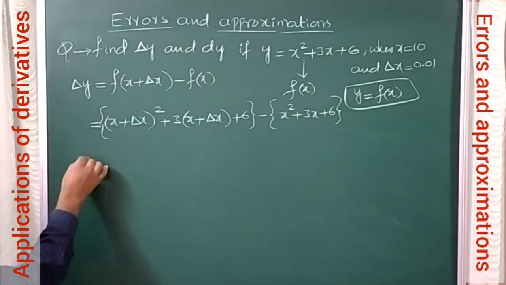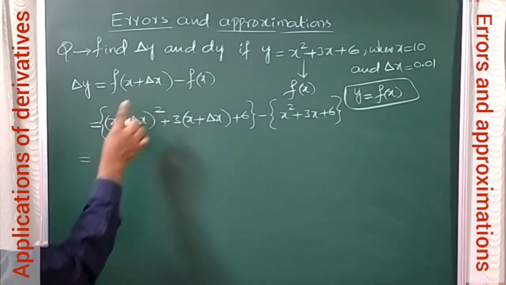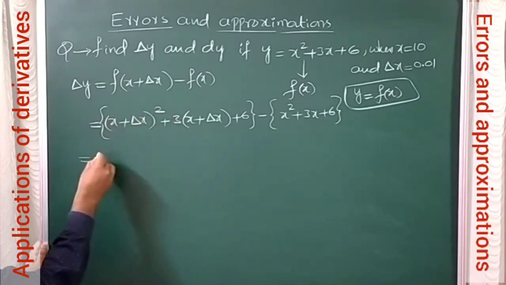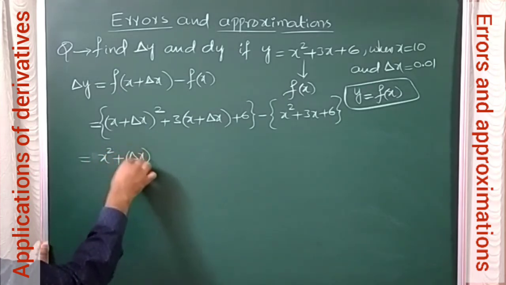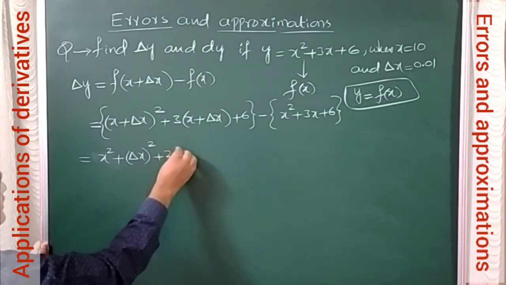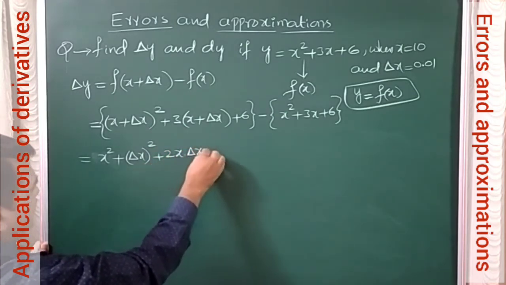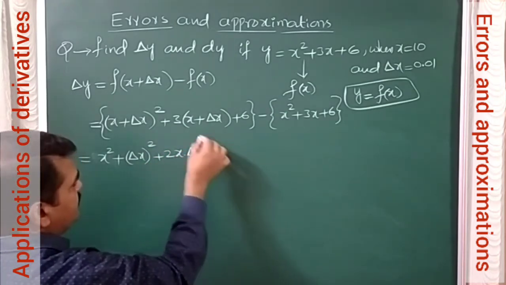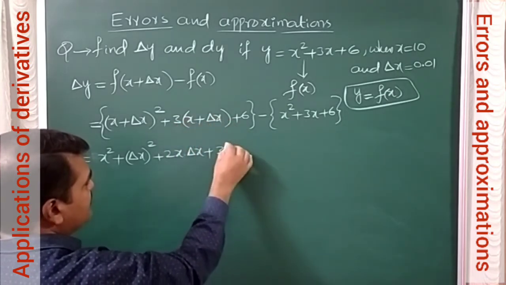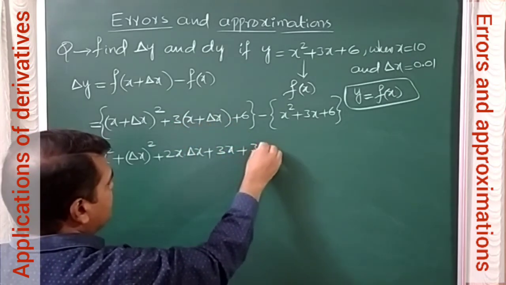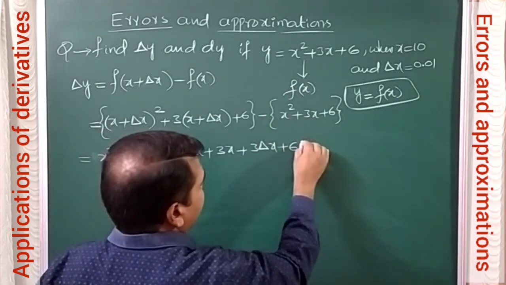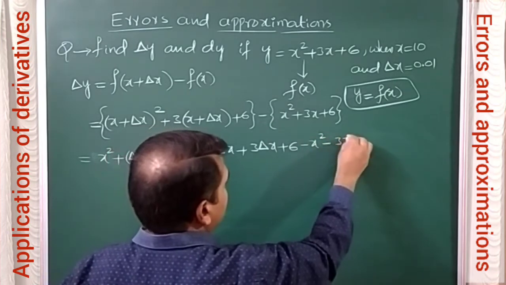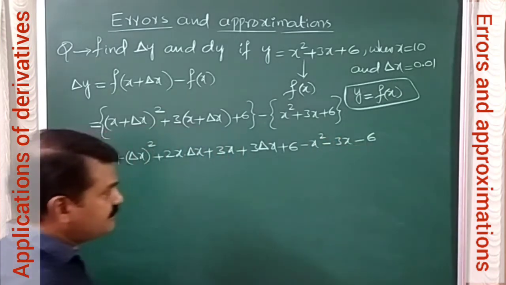Now simplifying this, (x plus delta x) whole square is like the (a plus b) whole square formula. So we will write this as x square plus (delta x) whole square plus 2 into x into delta x, plus 3 multiplied with this one, 3x plus 3 delta x, plus 6, minus x square minus 3x minus 6.